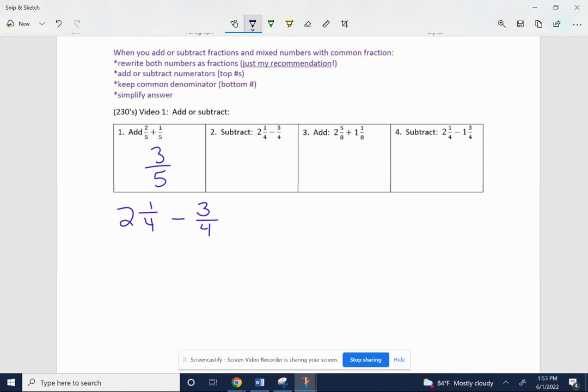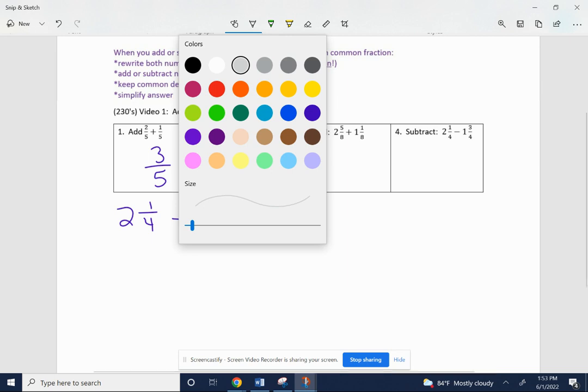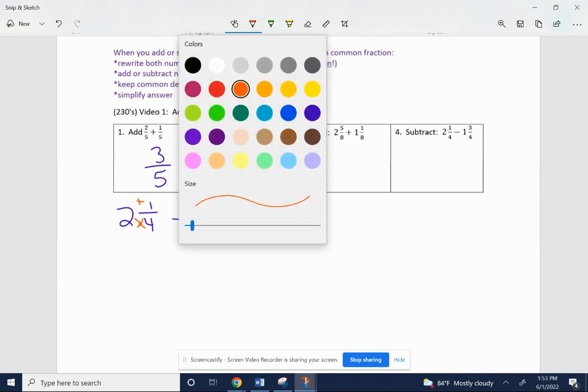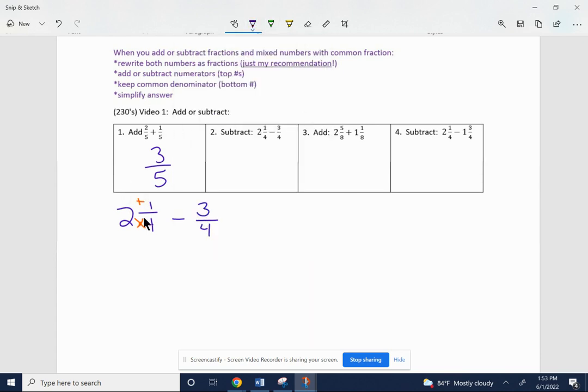Okay, so to change this mixed number into a fraction, I know some kids use backward C, some kids do multiply, add, drag. You may have different ways to do this, but essentially what you need to do is multiply these two numbers, the 2 and the 4, add this number on top, 1.